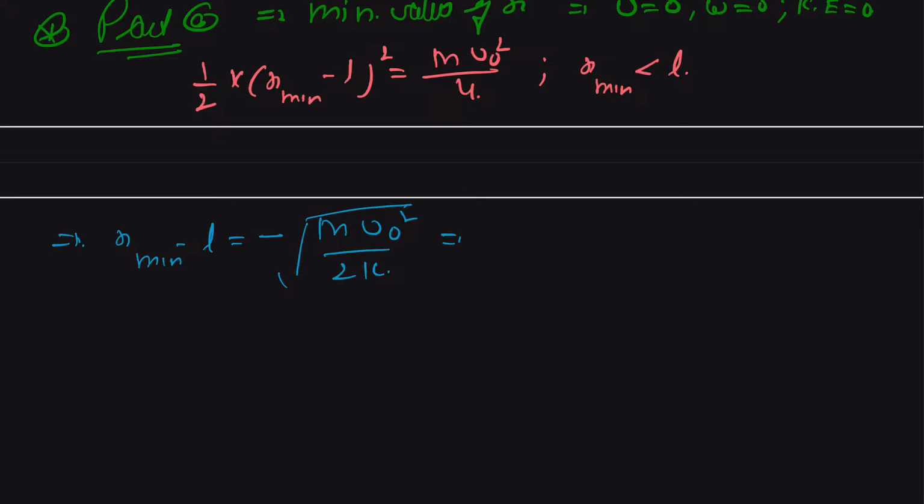Or from here we can say L minus x minimum will be equal to the square root of m v naught square upon 2k.